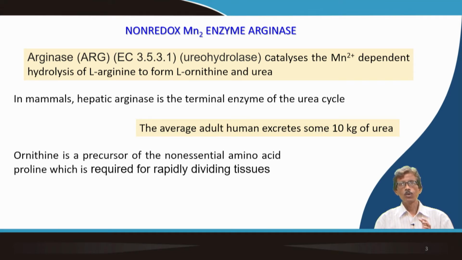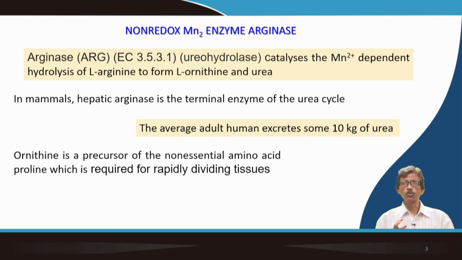It is basically a precursor, and the product is the non-essential amino acid proline, which is required for rapidly dividing tissues and tissue formation. It is a non-essential amino acid, but we require it.